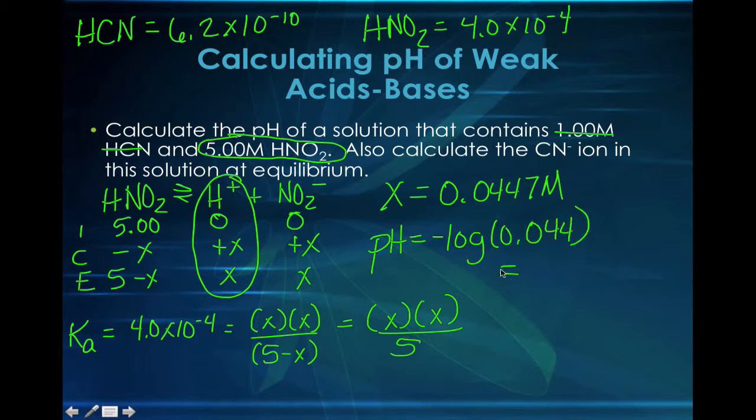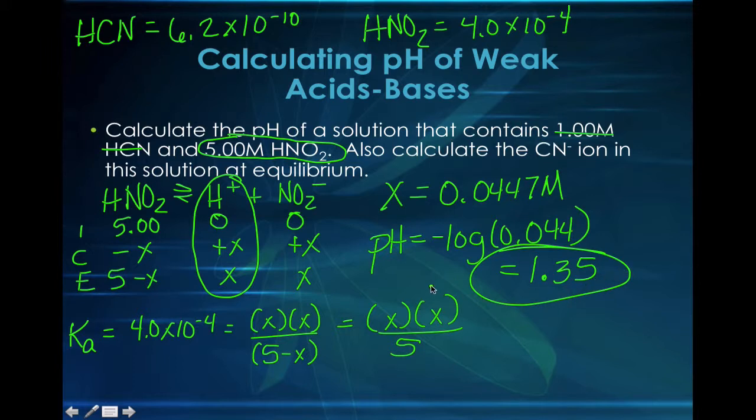When I do that, I get a pH of 1.35. You should have one more number because I have 3 significant figures in my concentrations, so add another number there, whatever it is.